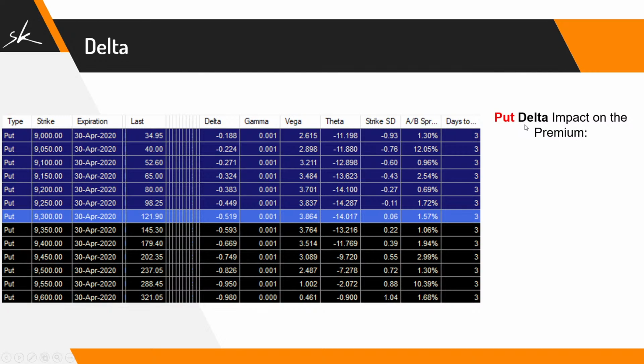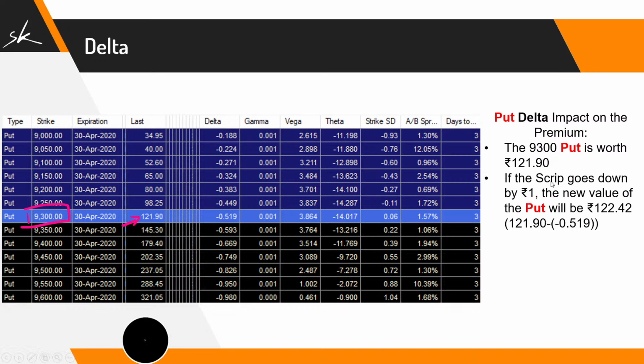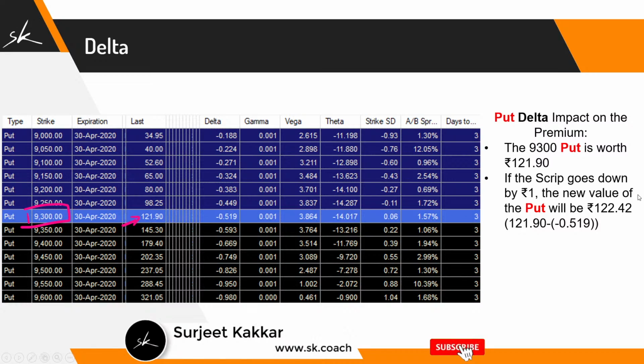Similarly, when we talk about puts, we said that the deltas are negative. That is why you can see the deltas are given in negative. So again, if we take an example, the 9300 put is currently worth 121.90. Now, if the underlying goes up or down by 1 rupee, what is going to be the impact? If the script goes down by 1 rupee, the new value of the put will be 121.9 minus 0.519.